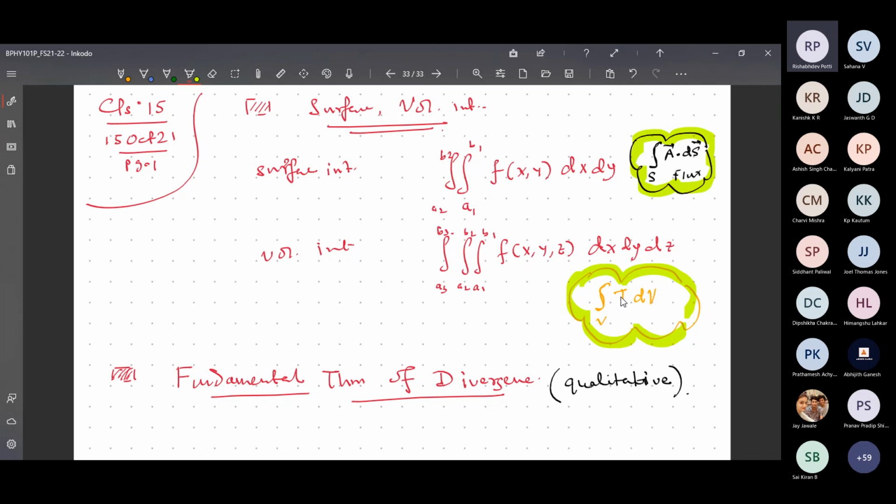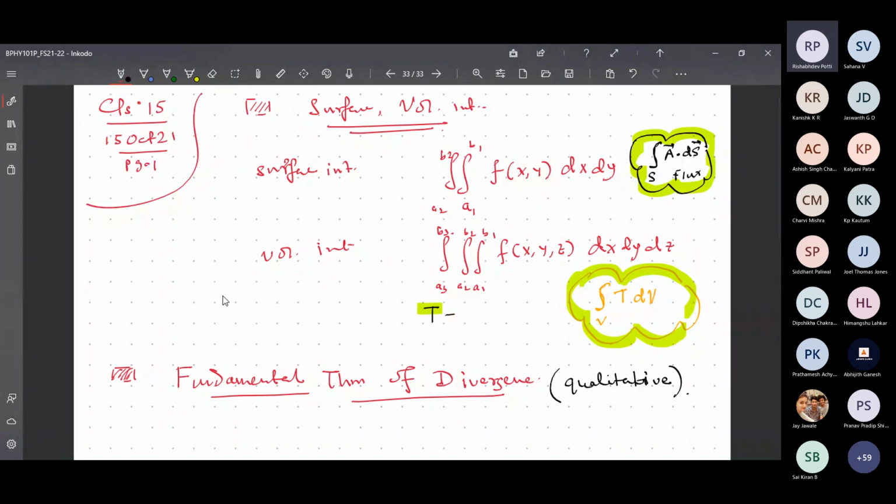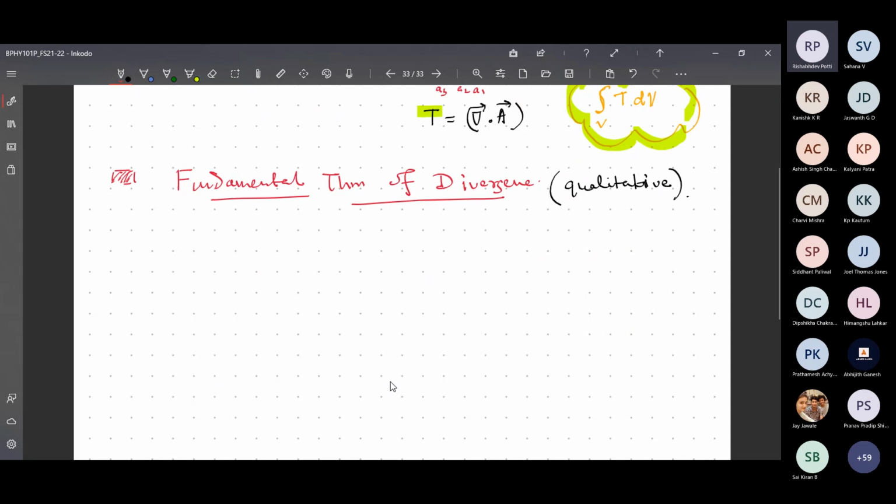T can be a scalar of this format where the vector is inside. Let me write it down so that you can understand the answer to your question. T can be something like this. You want a vector field to interplay? Of course, we will see that, but it should come into this format. Are you getting the point? Yes, understood, sir. We will see that the moment we go there.